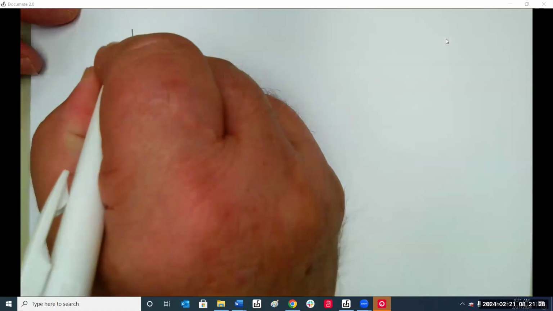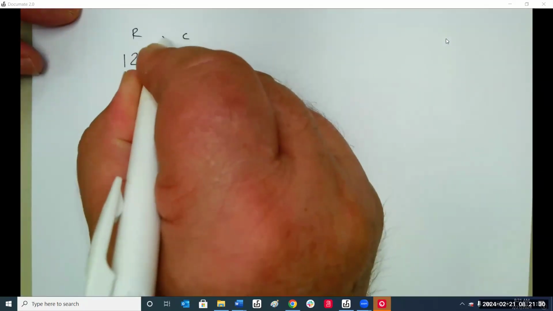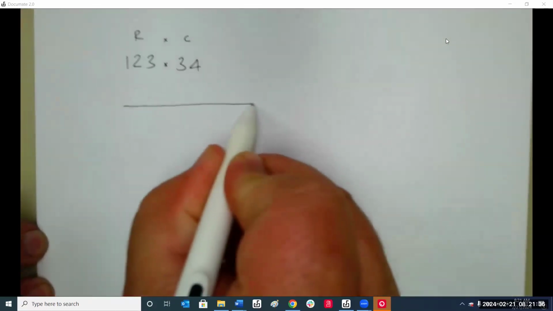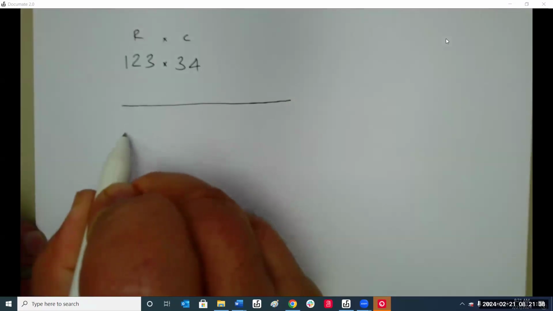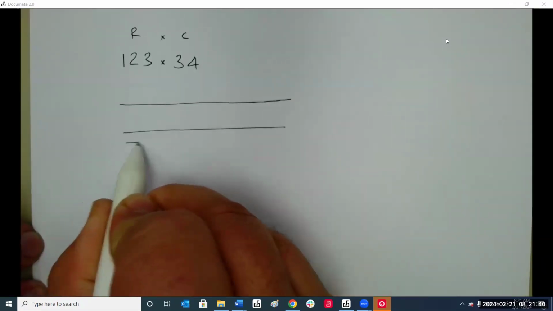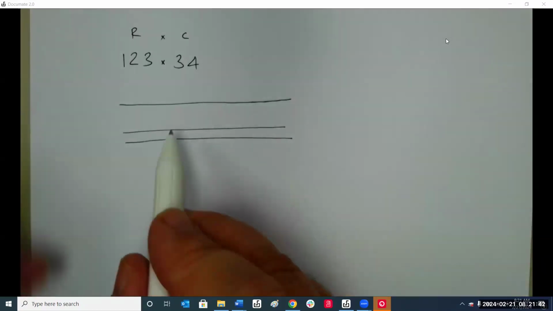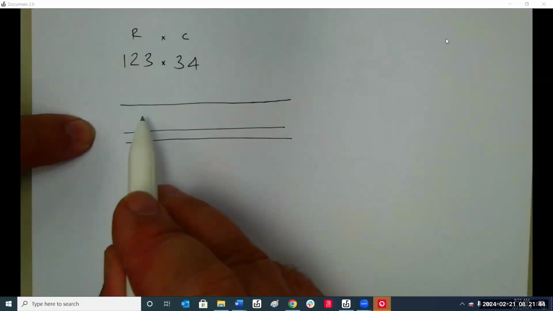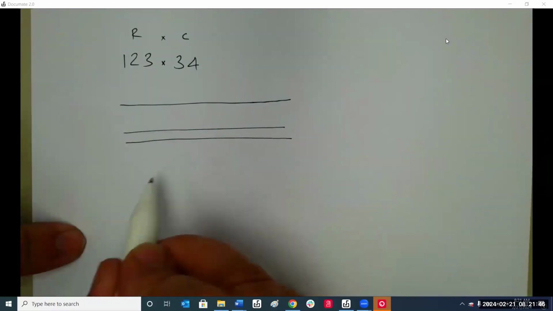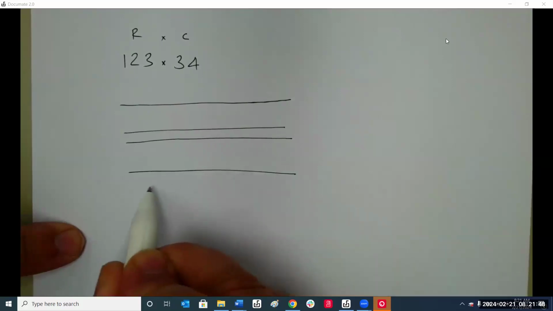Remember, you could keep it rows and columns if you want, because when you show them the arrays, they have rows or matrices, you have columns. So we have 1 row. We have 2 more. Make sure you have a break between there so you know they're different numbers. And then you have 3.